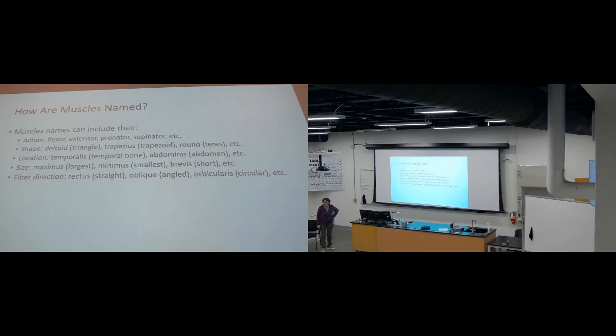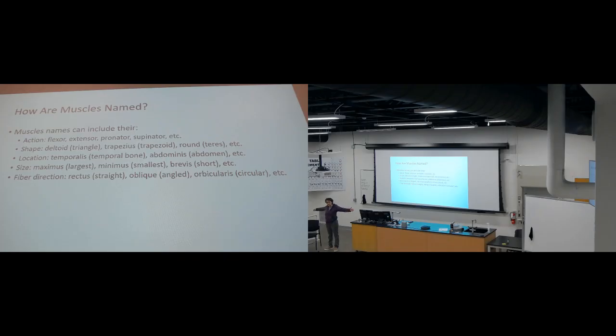Now, how do we name our muscles? Well, our muscles can be named based on several categories, and sometimes you can mix and match those categories to tell something about the muscle. Based on action, if the muscle flexes, you call it flexor. If it extends, extensor. If it brings a limb toward the midline, you call it adductor.